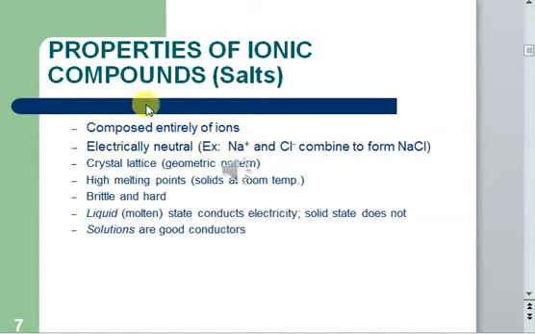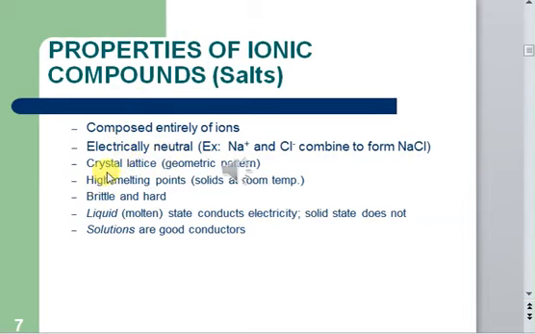Third property: ionic compounds always form a crystal lattice, which has its own geometrical pattern. In the crystal lattice we always express the compound in terms of its formula unit. We never write a molecular formula for ionic compounds.